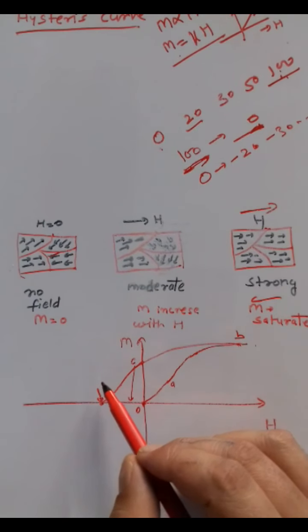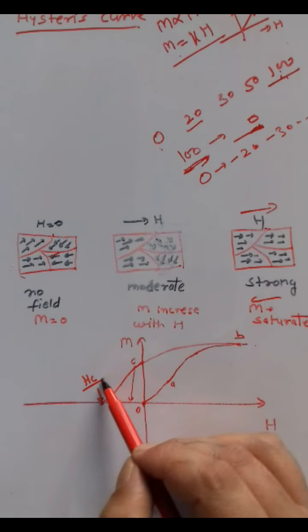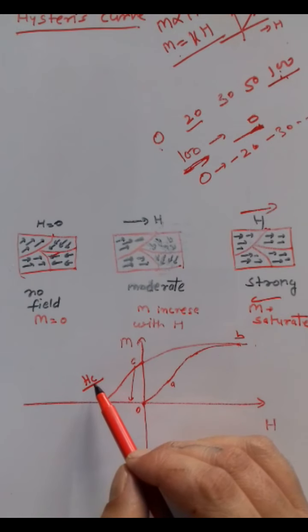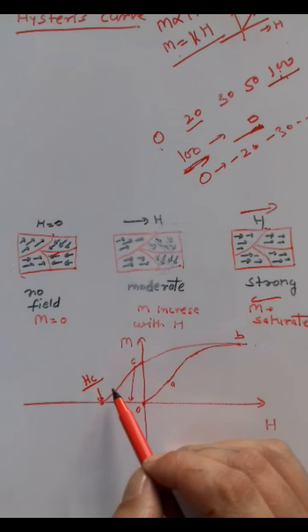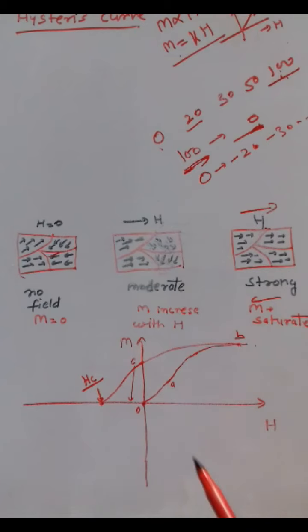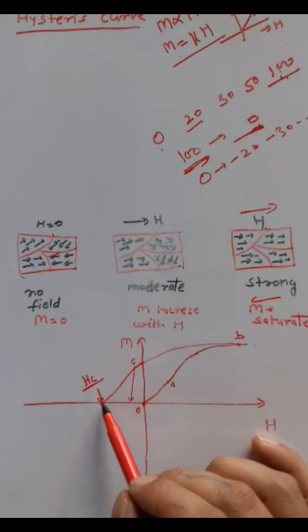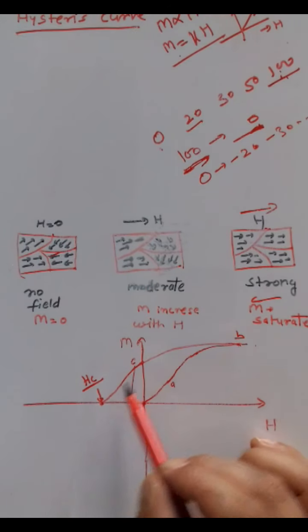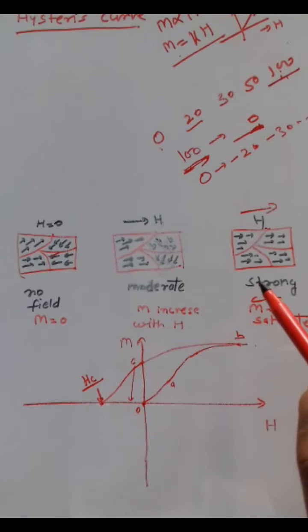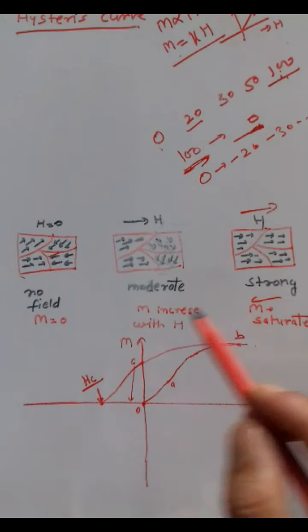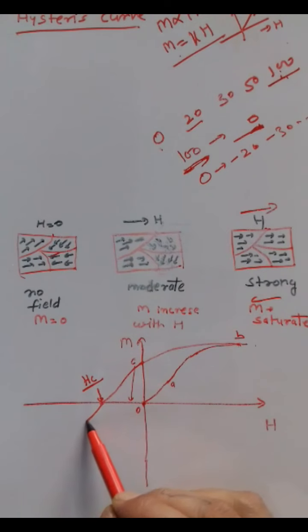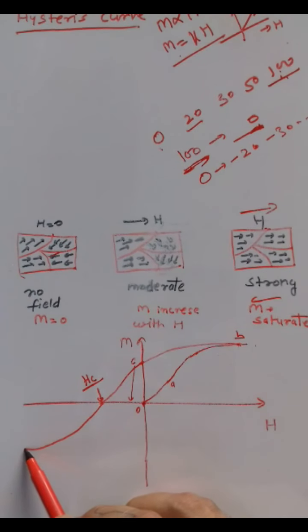The field at which the magnetization M is 0 is called the coercivity of that sample. If beyond this we again decrease the external magnetic field, all domains try to orient themselves in the opposite direction, and at a particular external magnetic field we get saturation in the opposite direction.